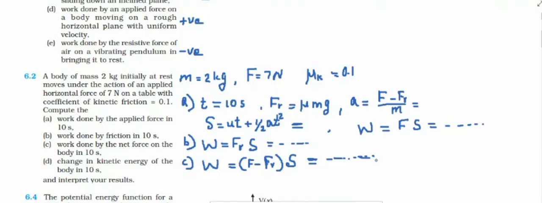Now, case D. Change in kinetic energy of the body in 10 seconds. For case D, we can apply the work energy theorem. That is, work done by net force is equal to change in kinetic energy. Which means the answer you got in case C will be equal to the change in kinetic energy.